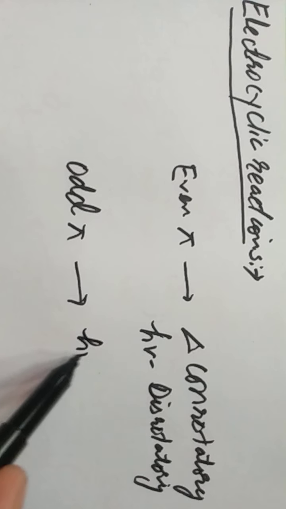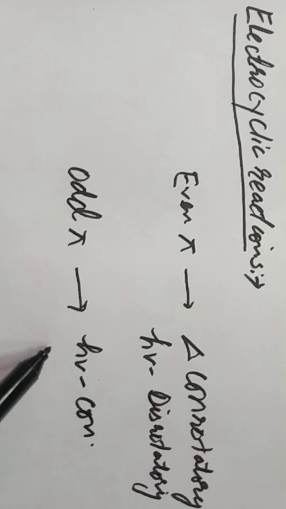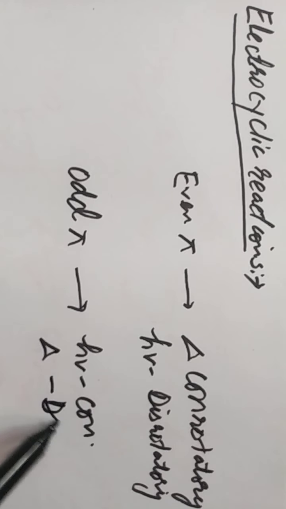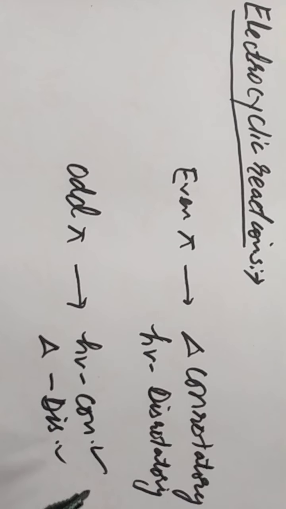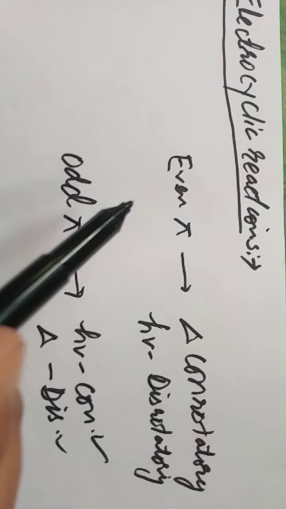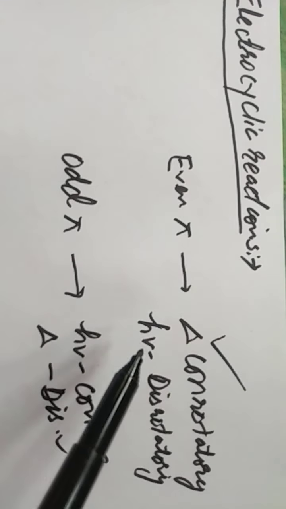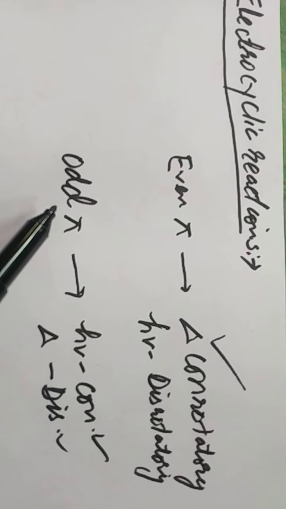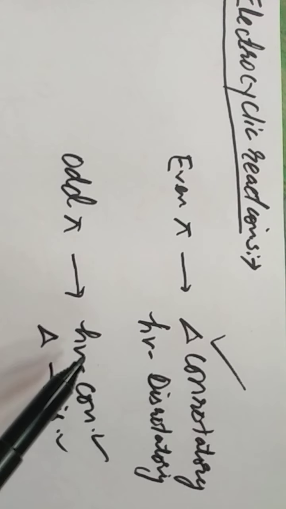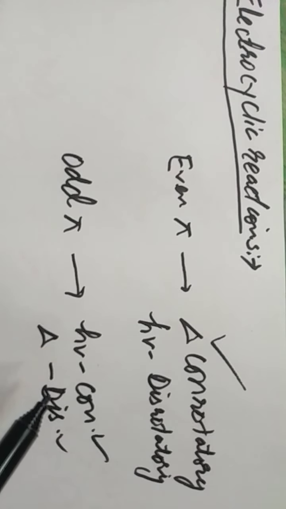Then the reaction is photochemical conrotatory and thermal disrotatory. Right? I once again repeat, when there are an even number of conjugated pi bonds in an electrocyclic reaction, then the reaction is thermal conrotatory and photochemical disrotatory. Whereas when there are an odd number of pi bonds, then the reaction is photochemical conrotatory and thermal disrotatory.